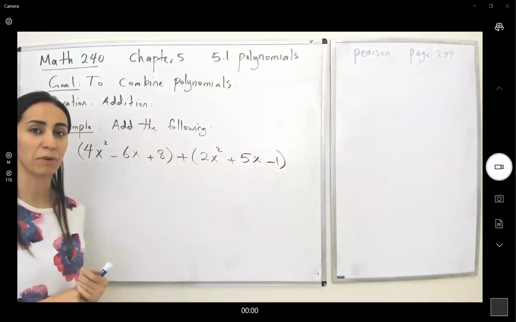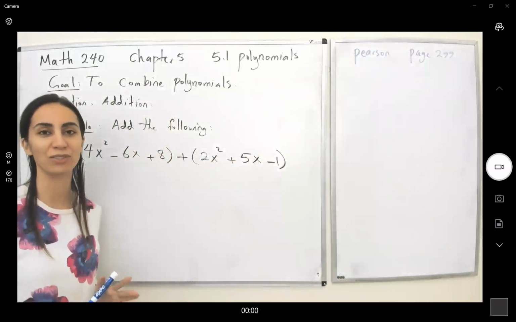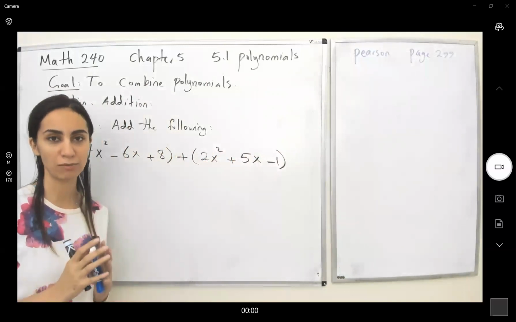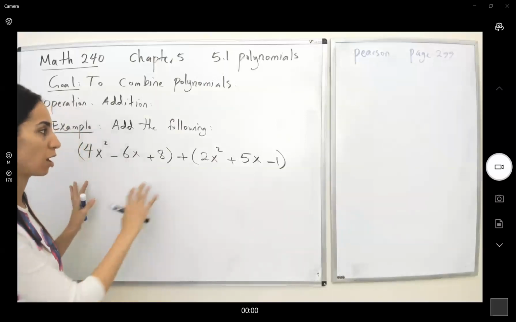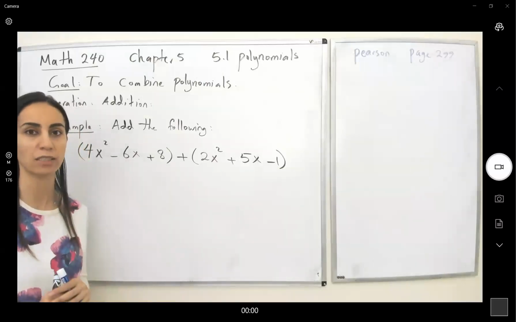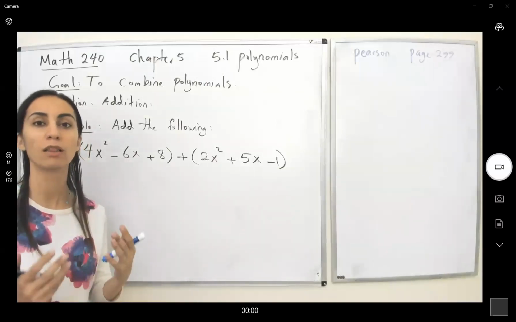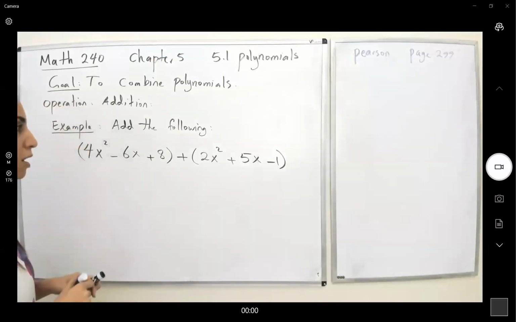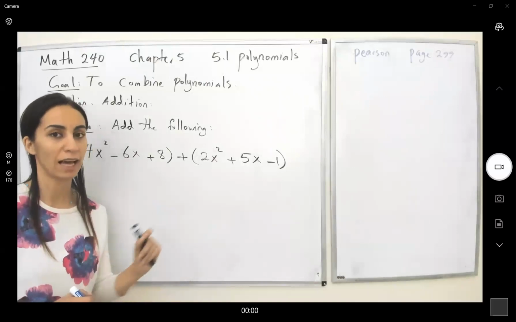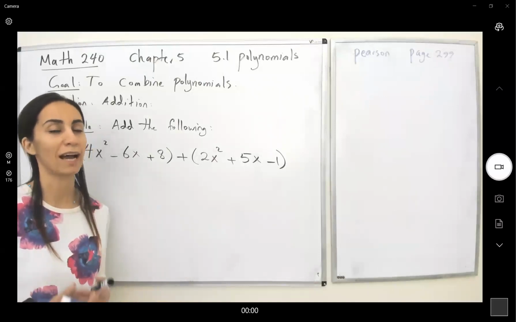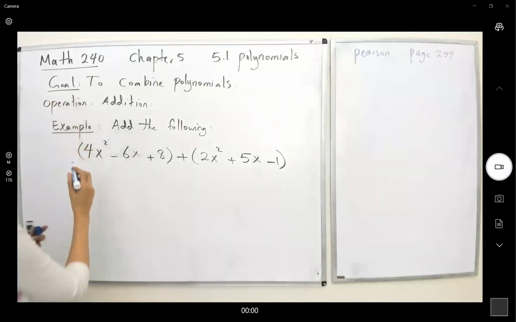Very well. Remember that you have to add like terms. If you have subtraction, you can subtract like terms. So when it comes to adding and subtracting, we have to look for like terms. What are like terms? Like terms are the terms with the exact same variable and the same exponent.